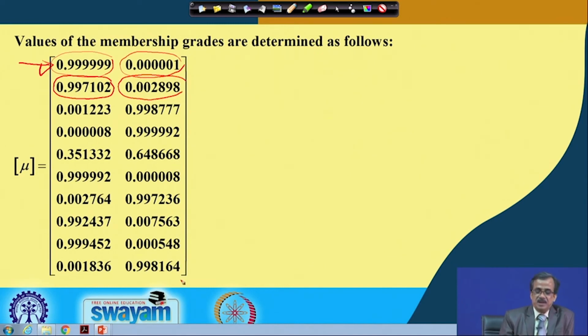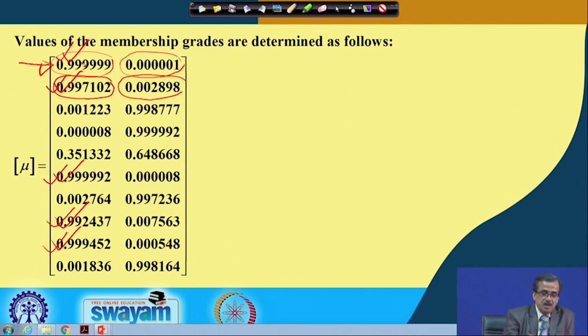Now, you try to locate, out of these 10 sets of values, with respect to the first cluster center, whose values are very near to 1. For example, corresponding to the first data point and the first cluster center, this mu value is very near to 0, this is also very near to 0, this is also very near to 0, this is also very near to 0, this is also very near to 0.